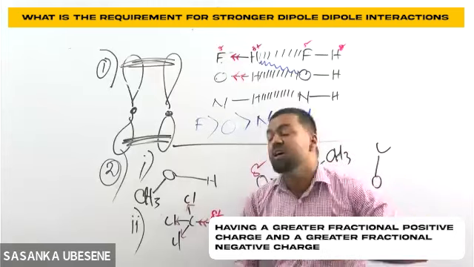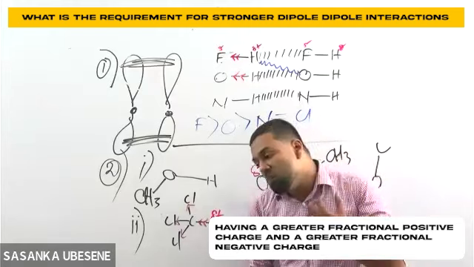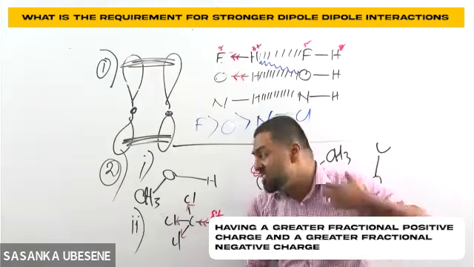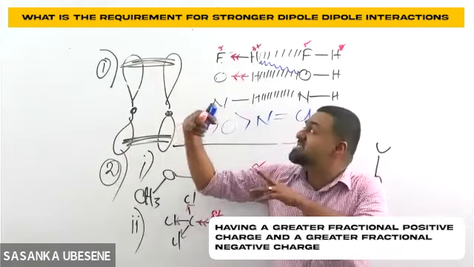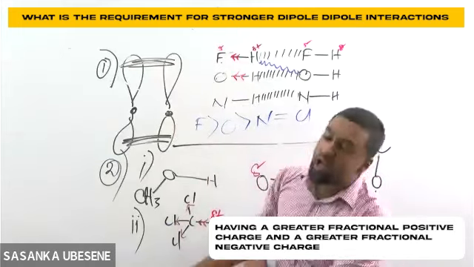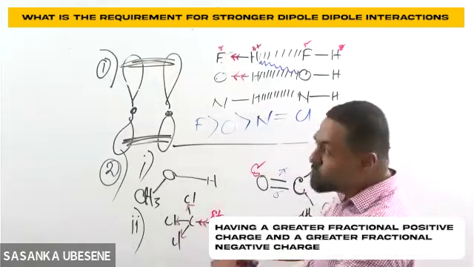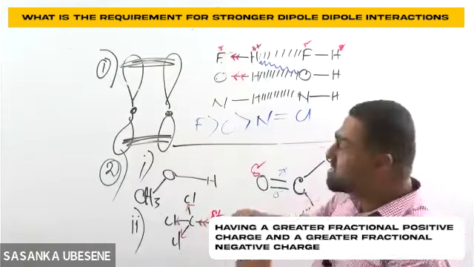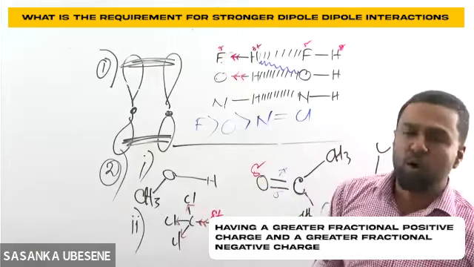Among all the dipole-dipole interactions, the stronger dipole-dipole interactions associated with hydrogen atoms are classified as hydrogen bonding.